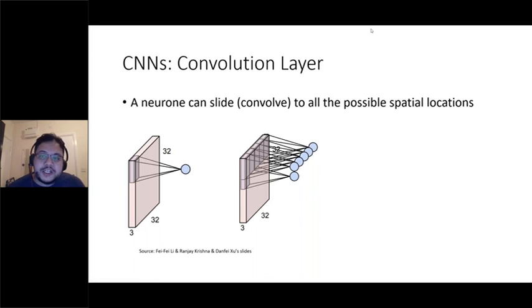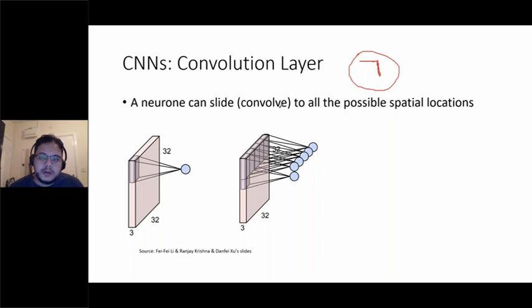Because a particular shape, for example this kind of edge, is the same everywhere. An edge is an edge. So we don't need multiple neurons to recognize it. Yes or no?